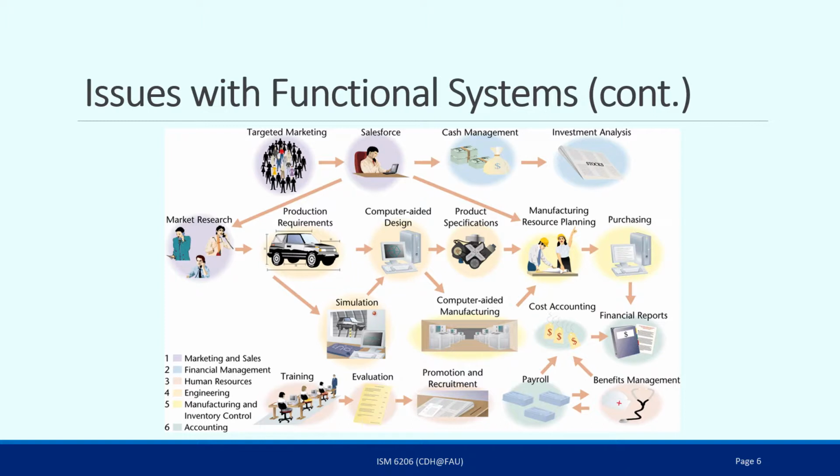In that case, it will be better if the systems are integrated in some way, so we don't have to transfer data, hand off data, copy and paste, understand the inconsistency, or reconcile the inconsistency. All of these issues with the functional systems require some kind of resolution, and the resolution really comes when we understand how the company actually functions.